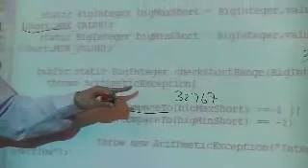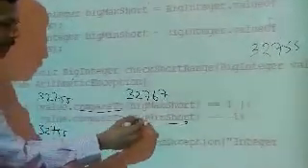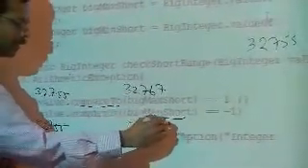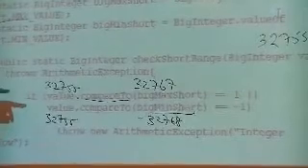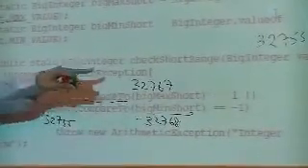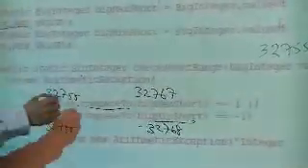If it is less than the minimum, what's the minimum? Negative 32768. So if I compare this with the positive maximum and check if it is equal to 1, because if it is greater than this, it returns 1.